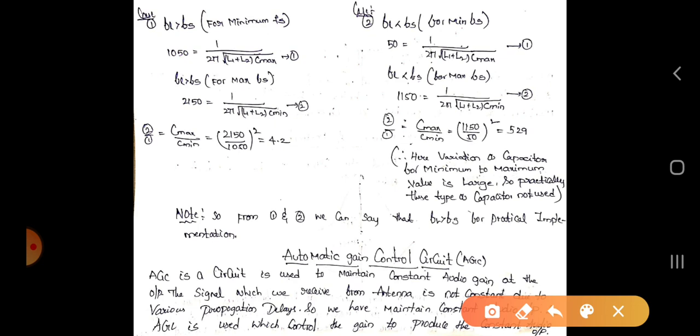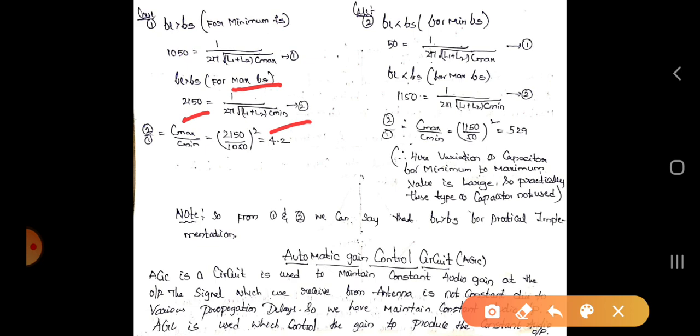Similarly, for maximum FS, which is 1650 kilohertz, FL is 2150 kilohertz. So 2150 kilohertz is equal to 1 divided by 2 pi square root of (L1 plus L2) into C minimum. Why C minimum? Because you are considering maximum FS.